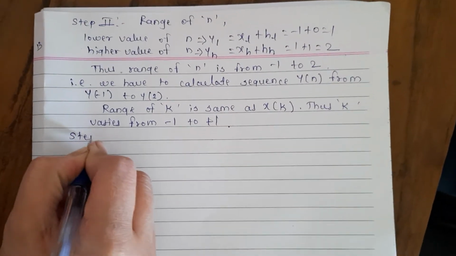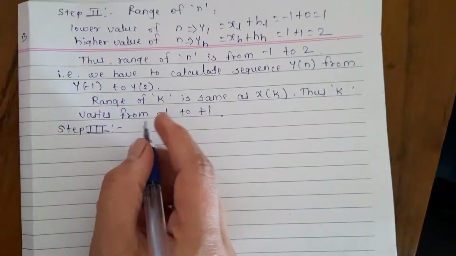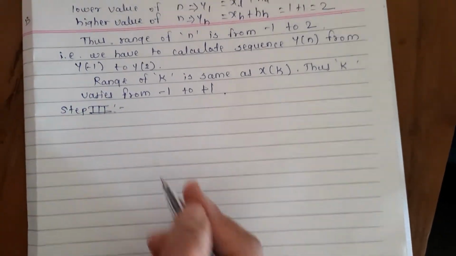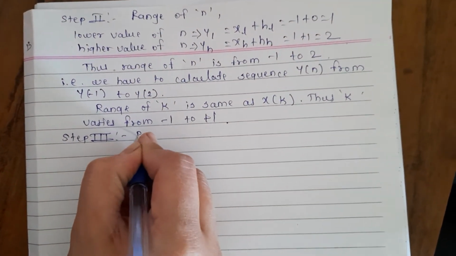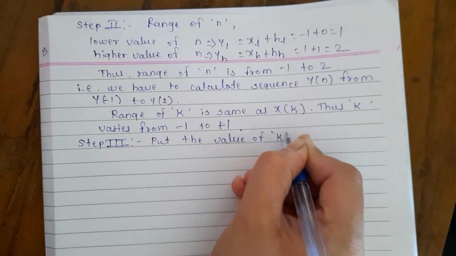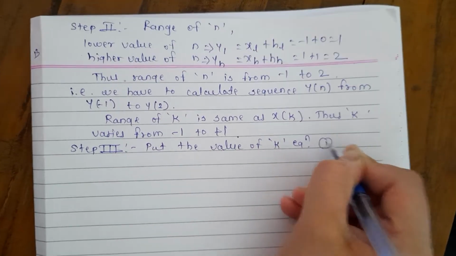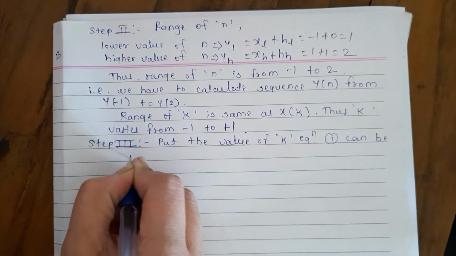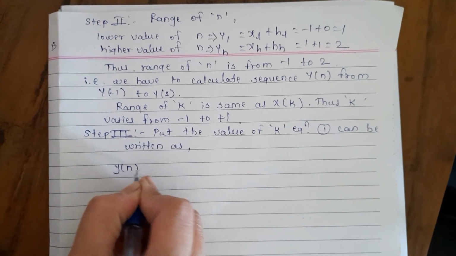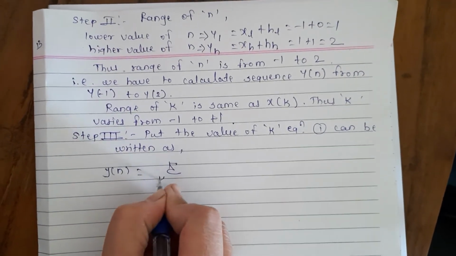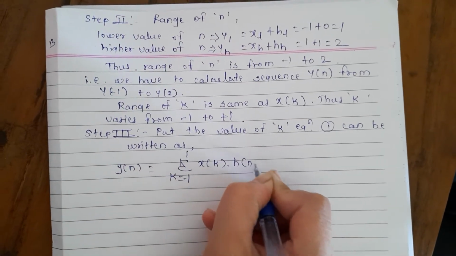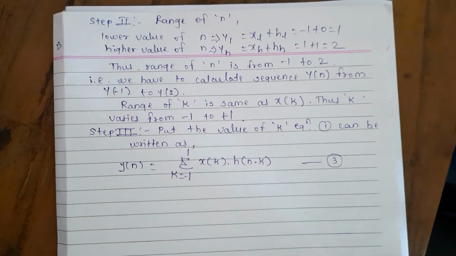Next is step 3. Put the value of k. Equation 1 can be written as y of n is equal to summation k goes from minus 1 to plus 1 x of k into h of n minus k. This is equation 3.